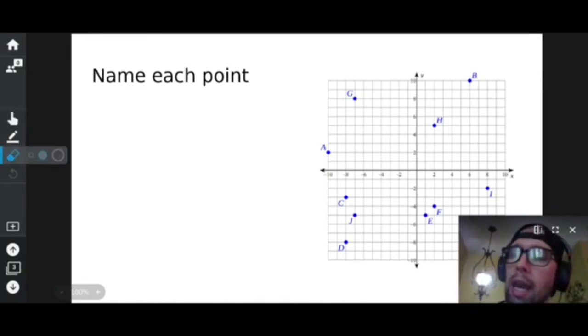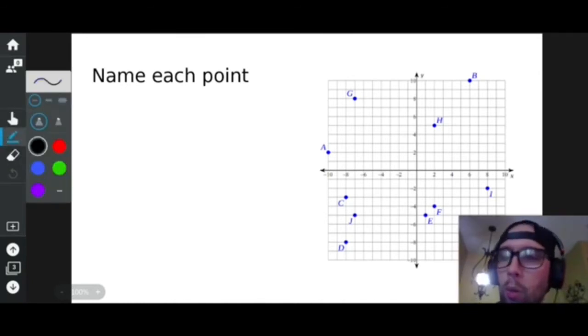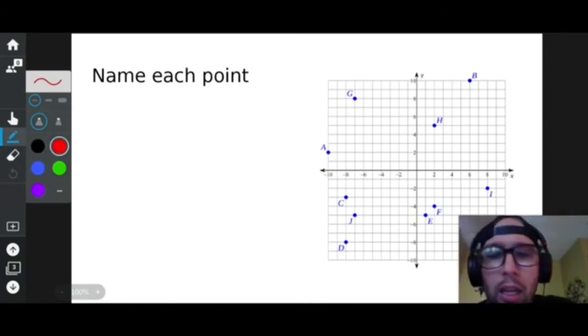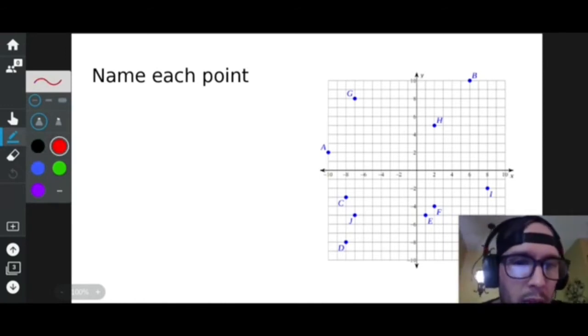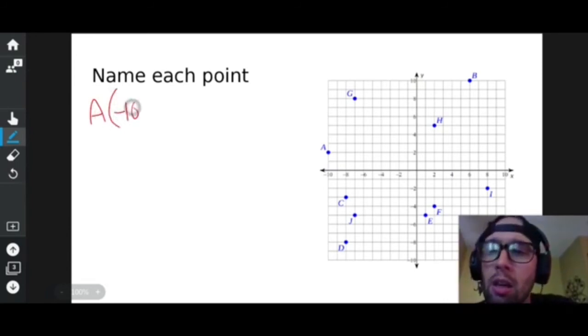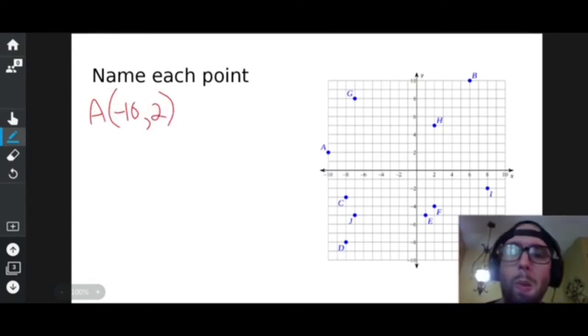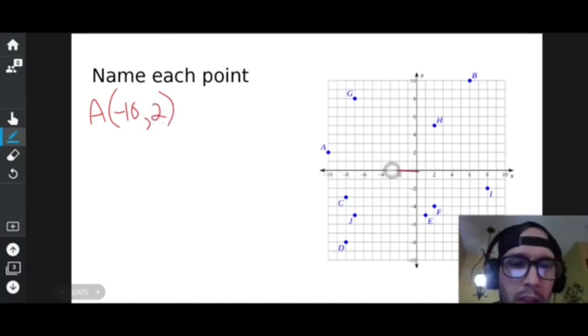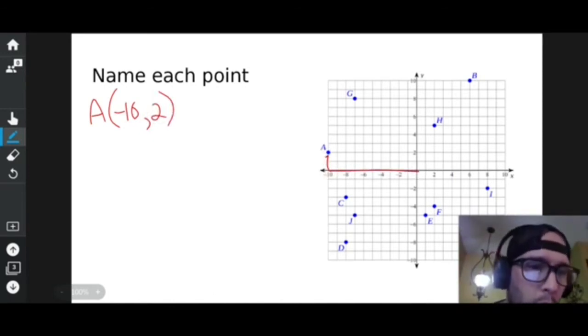So looking at A, the way that I would get to A is I go left 10, up 2. So A is left 10, up 2. B is over there, right 6, up 10.